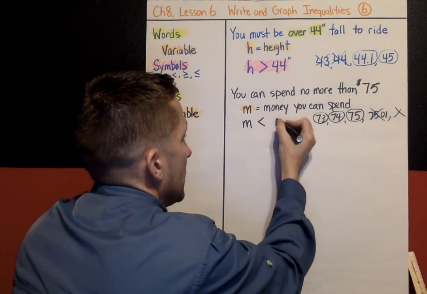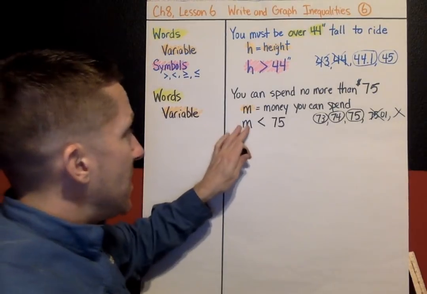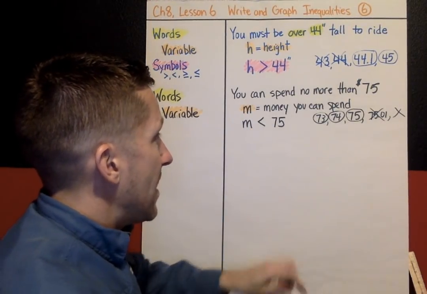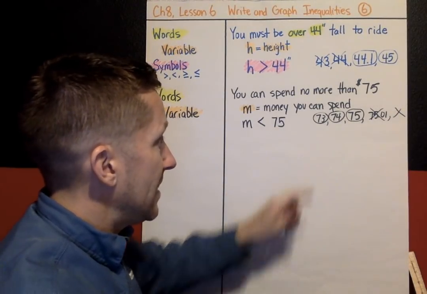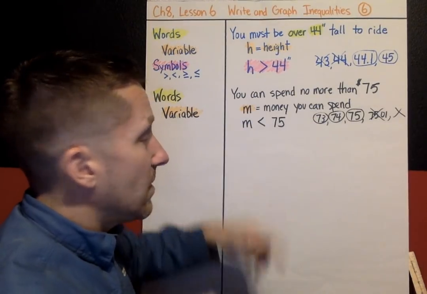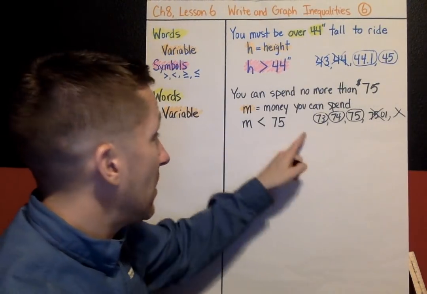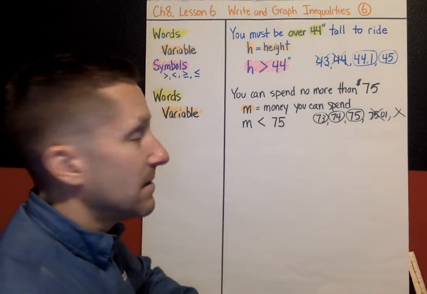So I'm going to start with this. The amount of money is less than 75. So does this work? Is 73 less than 75? Yes, it is. Does 74 work in here? Yes, it does. And everything below. If I just spent $5, could I do that? Is 5 less than 75? Yes.